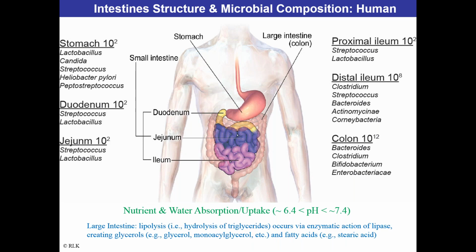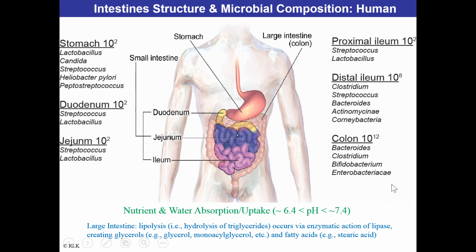So what is the pH within the small intestine and the large intestine? Well, it slowly goes from a pH around 6.4 to maybe up to 7.4. So it's a fairly neutral environment, as the bolus, whatever is left over from the food that you eat, passes from the highly acidic stomach chamber, the pH starts to increase to a more neutral kind of environment.